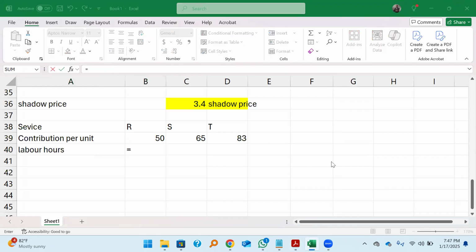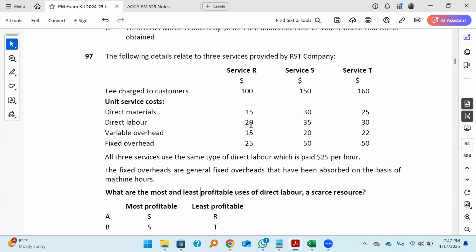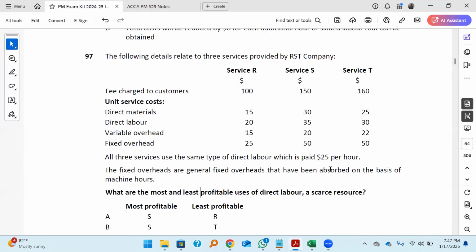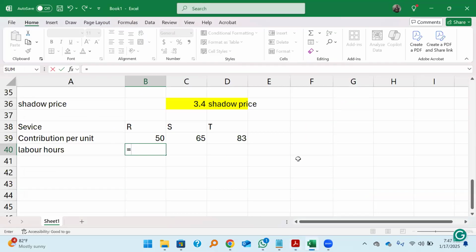So as we said, labor hours, since we are incurring $20 and we are paying 25 per hour, it means that if we divide 20 by 25, or we can actually just use, because they are using the same labor, the labor per unit, right? So if we bring in the labor hours, it's going to give you the same ranking.